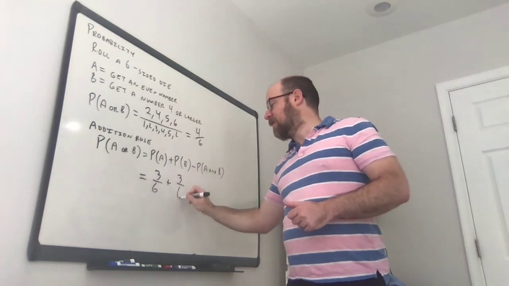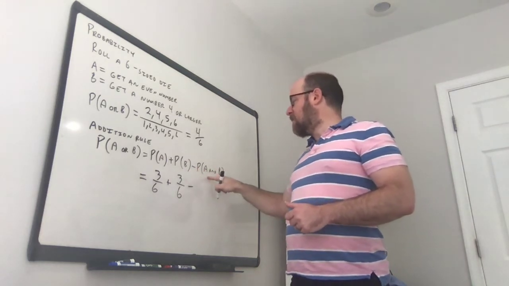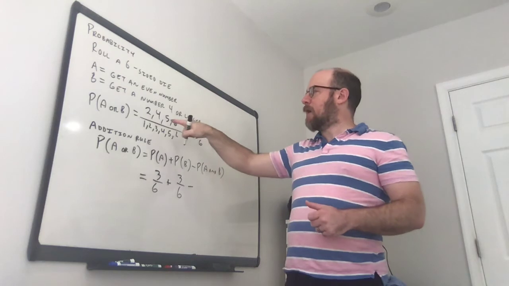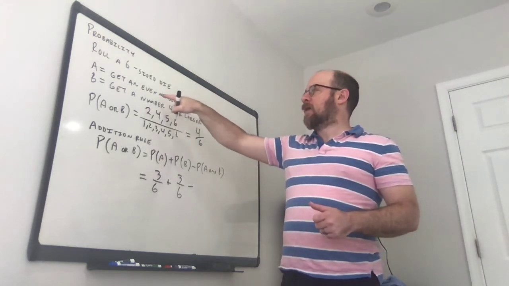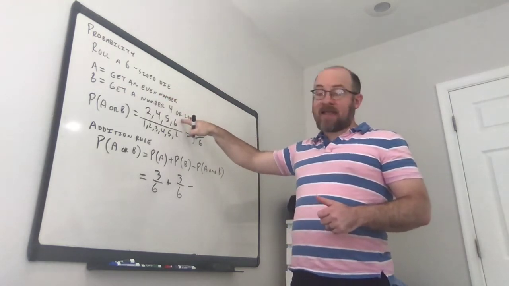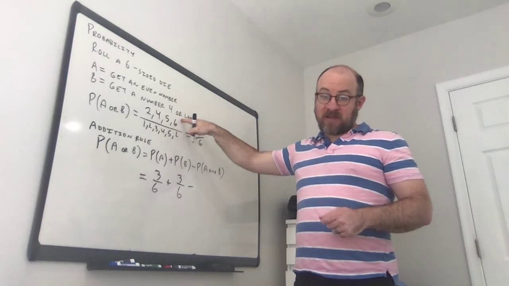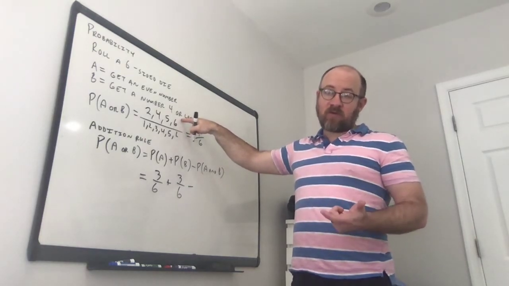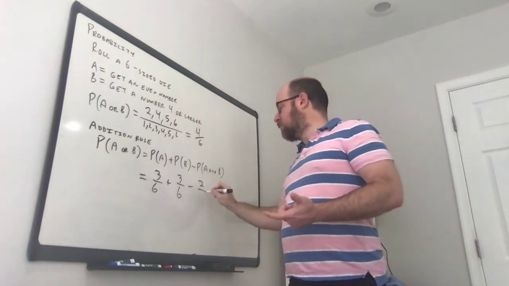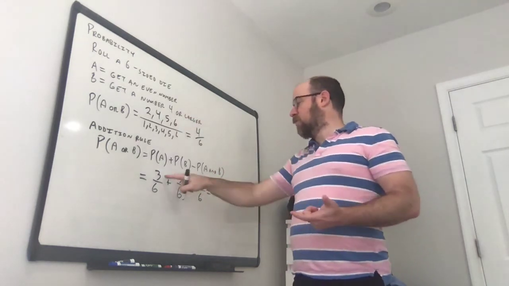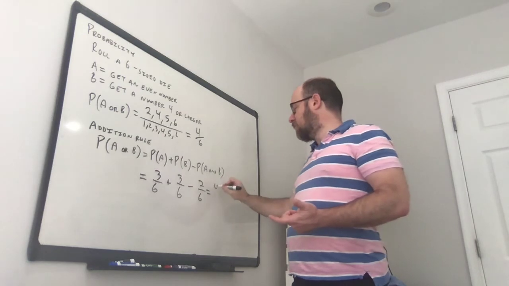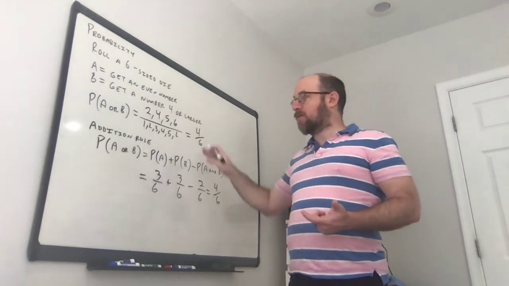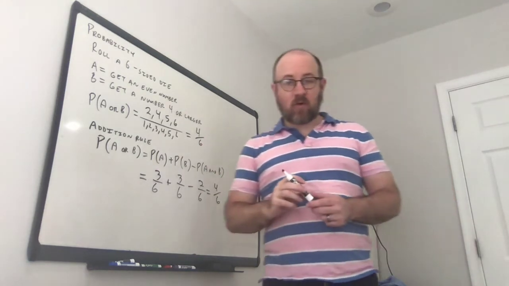So 3 out of 6. And then minus the probability of both happening, getting an even number and something that's 4 or larger, which means getting either 4 or 6. Those are both even. They're both greater than or equal to 4. And so minus 2 out of 6. 3 plus 3 minus 2 gives us 4 out of 6, which is the probability of A or B.